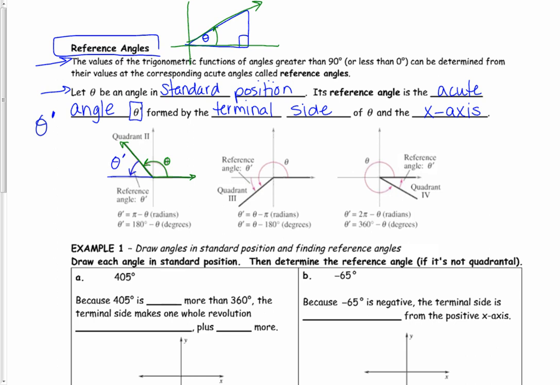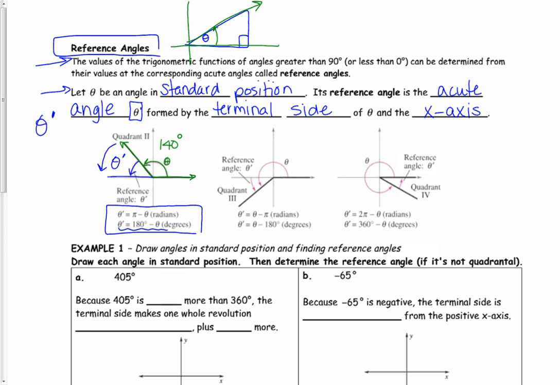Now, if I want to figure out how much theta prime equals, then I can use these two methods down here. Let's just give an example. If my theta up here were 140 degrees, then how much would be left for this reference angle over here? Well, it's the difference between 180 and theta.